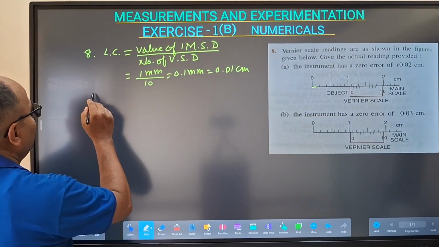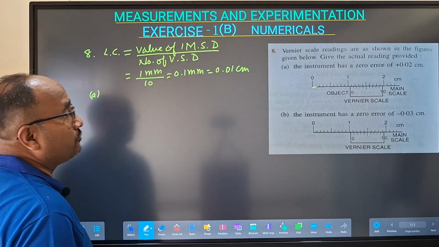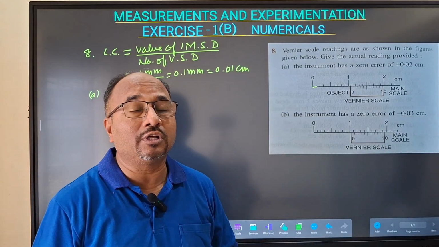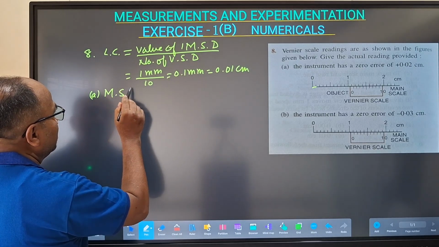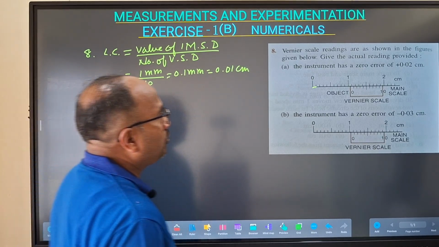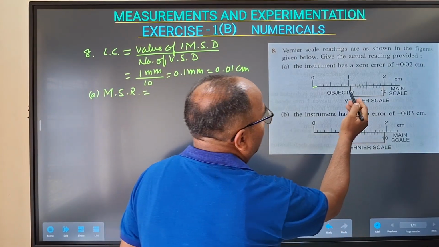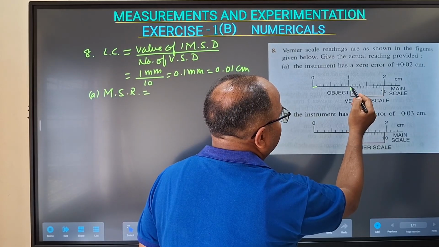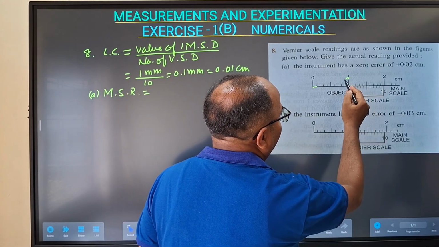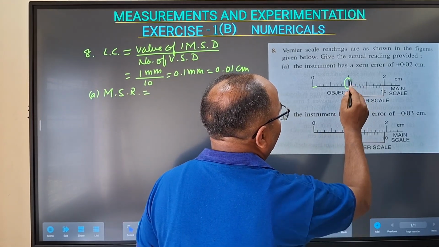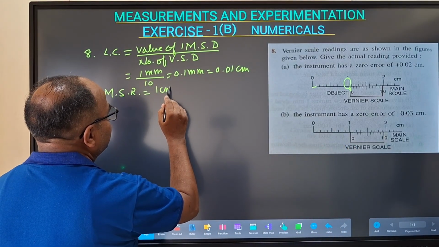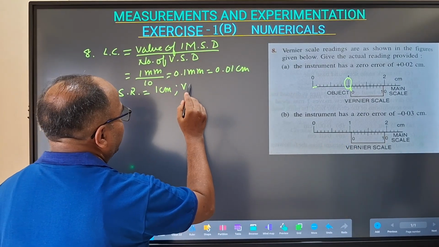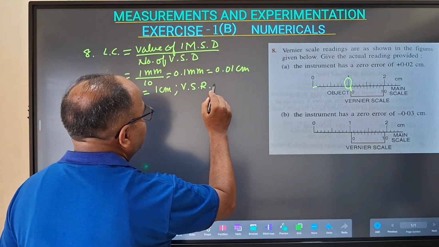Now let us take a look at the A part. First of all, I should know the main scale reading. Look at the 0 of the vernier scale. It has crossed this particular value, which is 1 centimeter. So I am writing here 1 centimeter. Then I will look into the vernier scale reading.